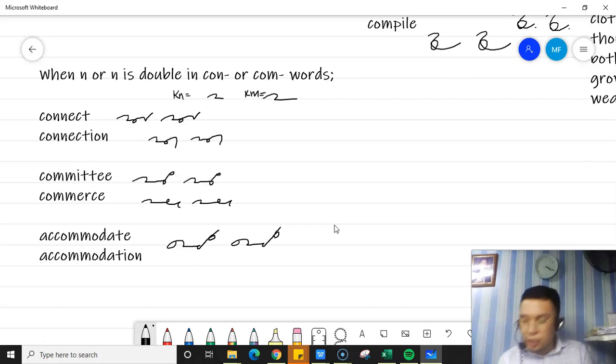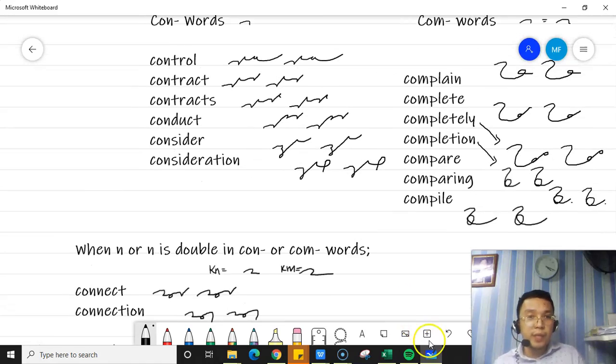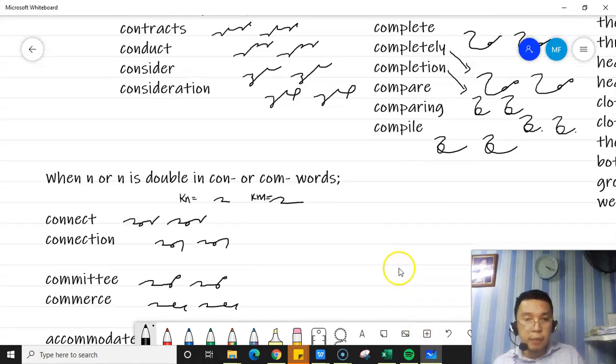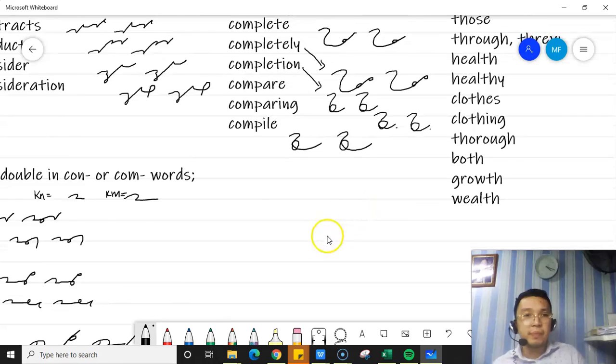Okay? Accommodation, as simple as this. M-O-D, Sean, word ending Sean, accommodation. Okay? Again, the word beginning con and com is represented by a K symbol. However, if you're going to see a double N and M, you have to write it as KN and KM symbol. Okay? Are we clear?